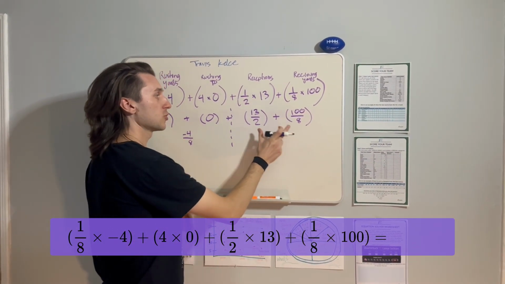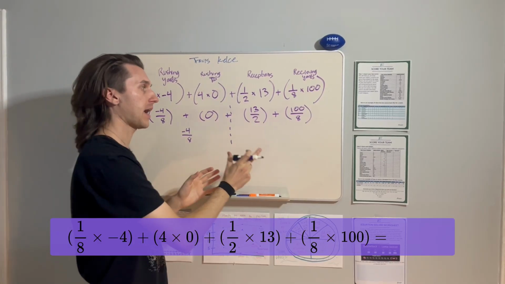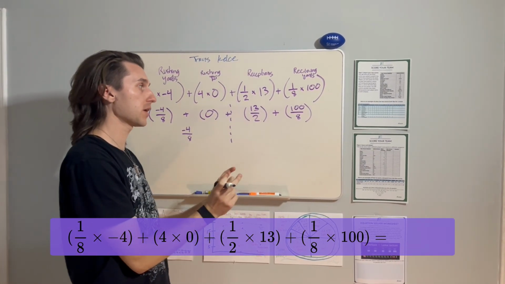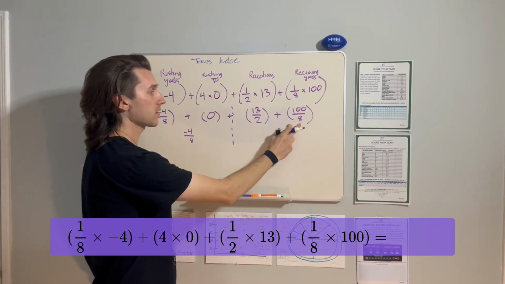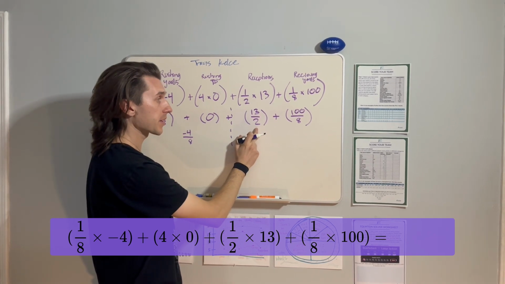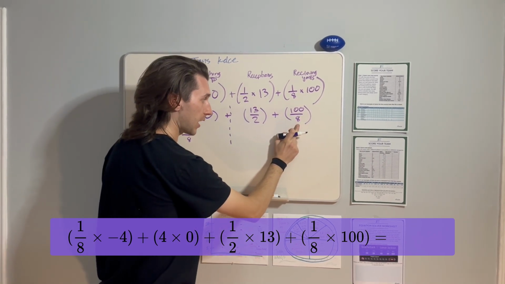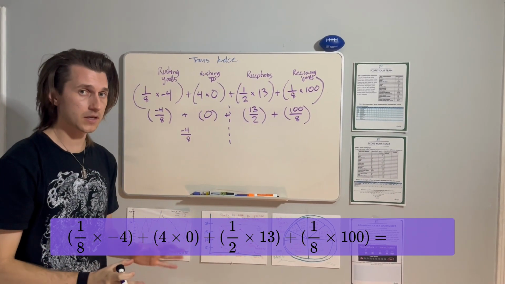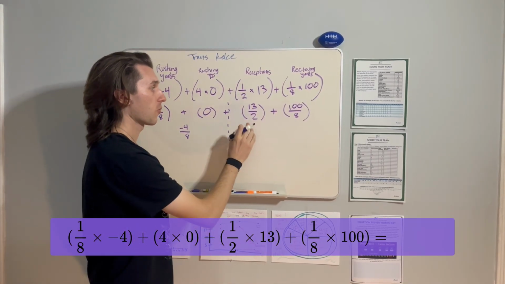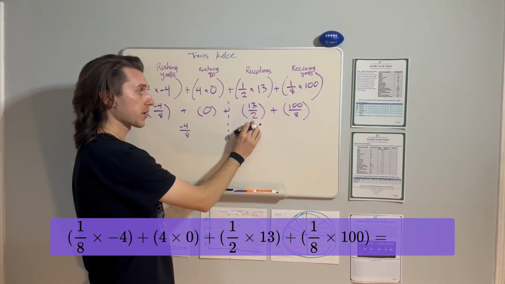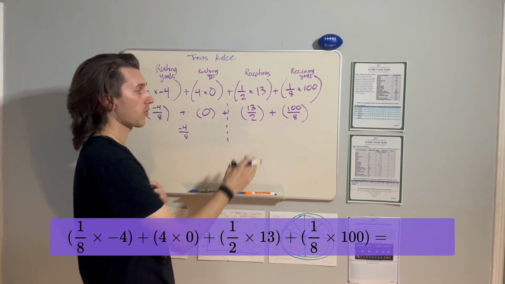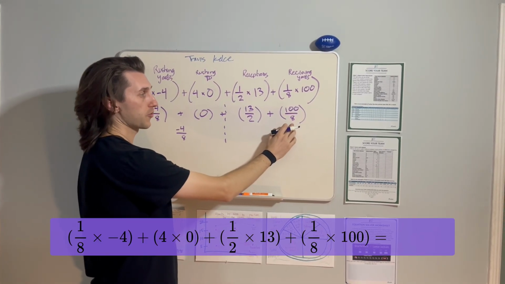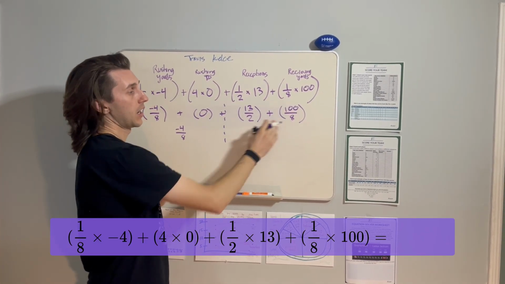Right side of our equation, a little bit more complicated. When we're adding 2 fractions, we can't add them unless the denominators are the same. And in this case, they are not the same. Here the denominator is 2, here the denominator is 8. Easiest thing to do in this case is to multiply one denominator by some number in order to increase it to be equal to the other denominator.